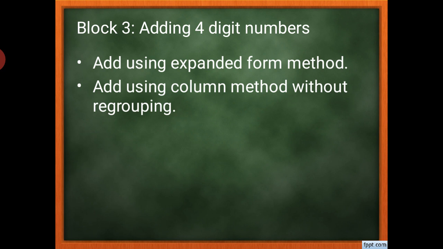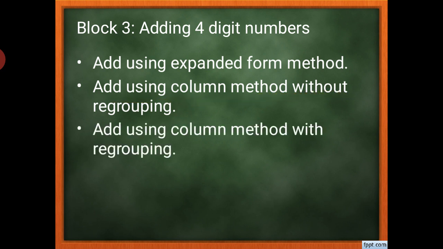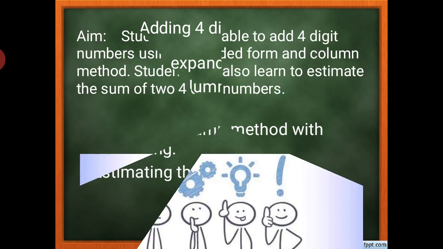S2, add using column method without regrouping. S3 is add using column method with regrouping, and S4 is estimating the sum. So we have completed this block, but today we will be recapitulating this once again.